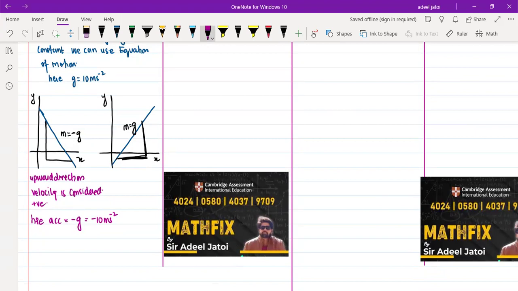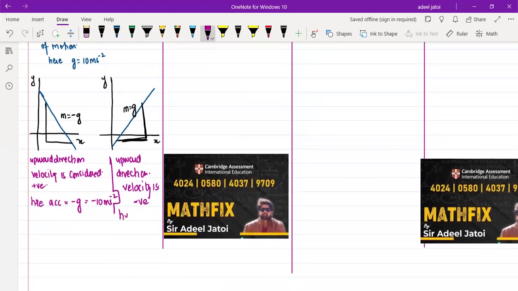Velocity in the upward direction is negative, but here acceleration will be positive 10 ms^-2. That means your g is positive.